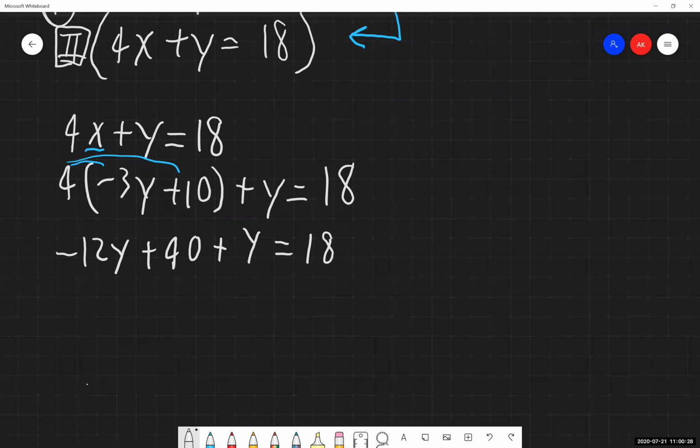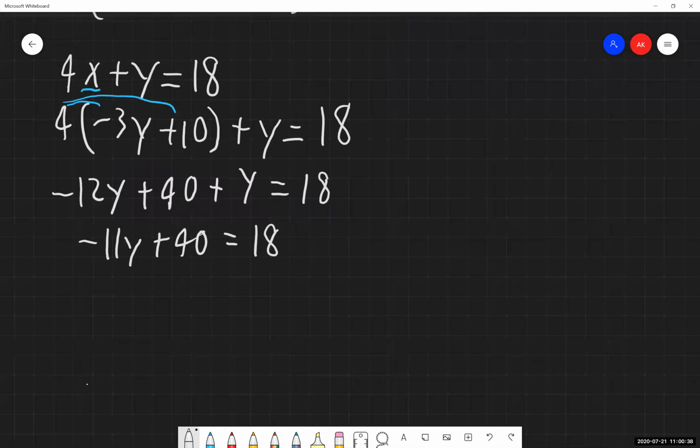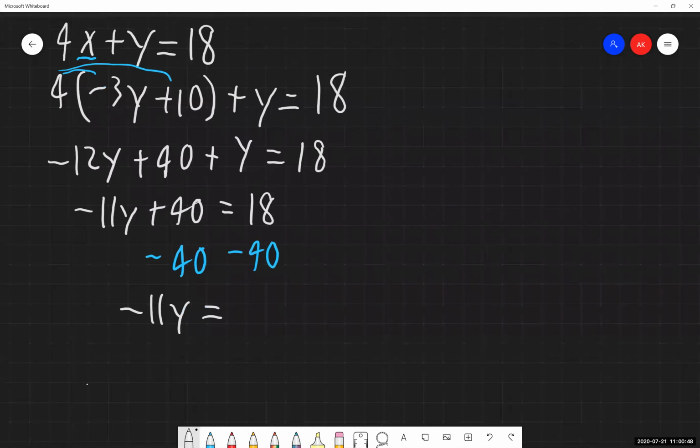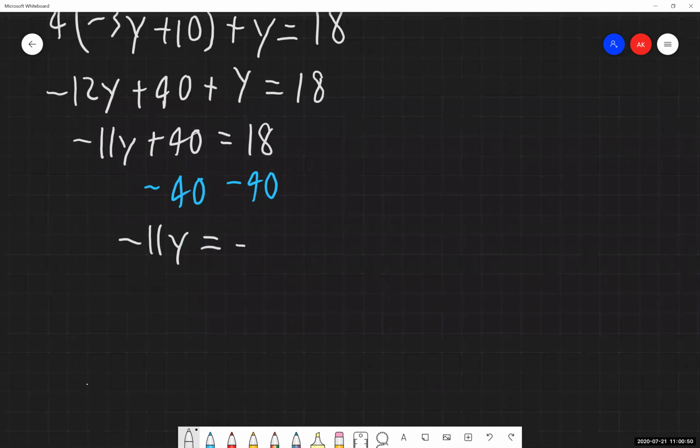I'm getting negative 11y. Then I'm subtracting 40 from both sides. Again, a lot of this that we're doing right now should be review. And then I'm dividing both sides by negative 11.